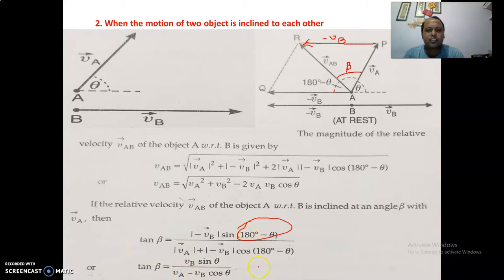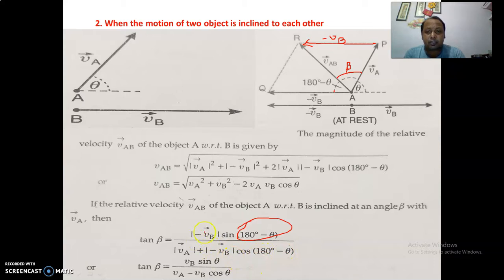This is the formula which, if I remind you, if you consider tangent beta is equal to B sine theta by A plus B cos theta. So that kind of formula is the same formula we are using here. Here, instead of B it is minus VB modulus. Sine theta is 180 minus theta. A plus B cos 180 minus theta.